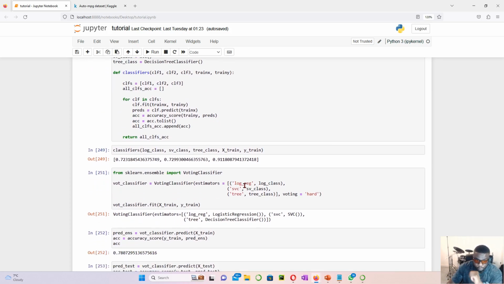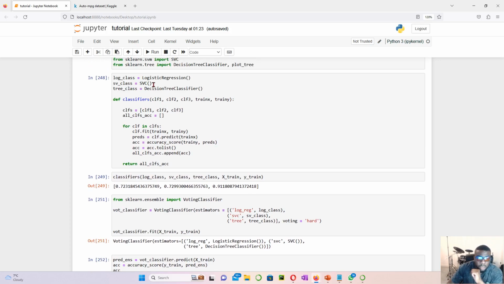Right? So I used a logistic regression, a support vector classifier, and a decision tree classifier. I trained the data on each and every single one of those models to get my accuracy score, so how well the model predicted, and then I aggregated those scores.